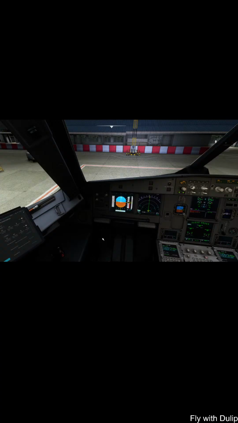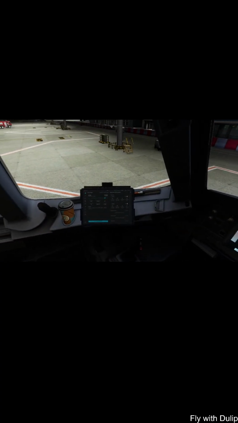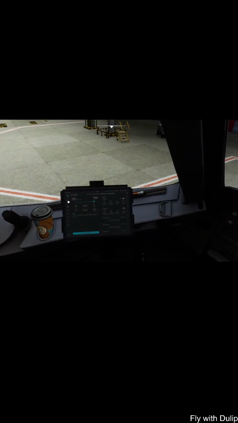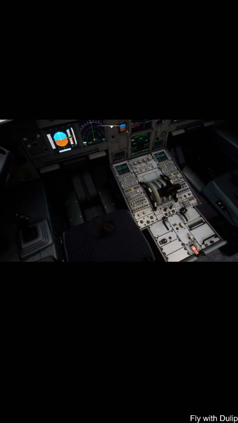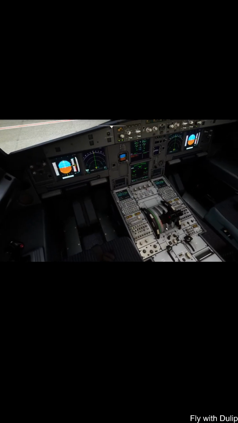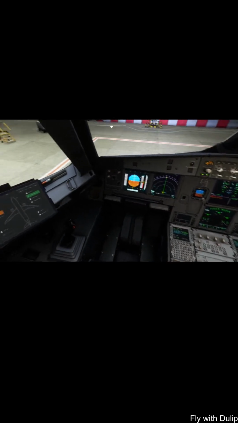Okay, I think we will have to complete the flight, but there is some challenge over here. So what I'm going to do is I'll add a service from here, maybe from ground power unit, and I turn this on, and then let's turn engine 2 off, and then engine 1 as well.